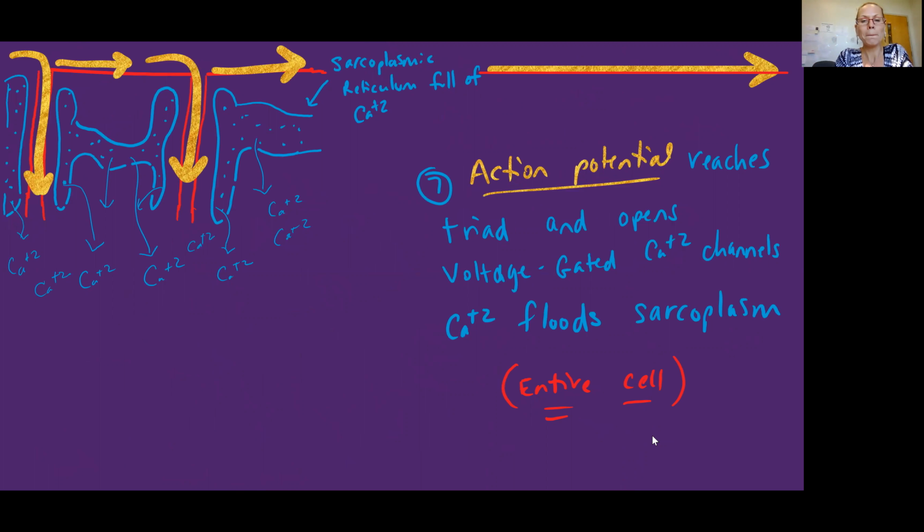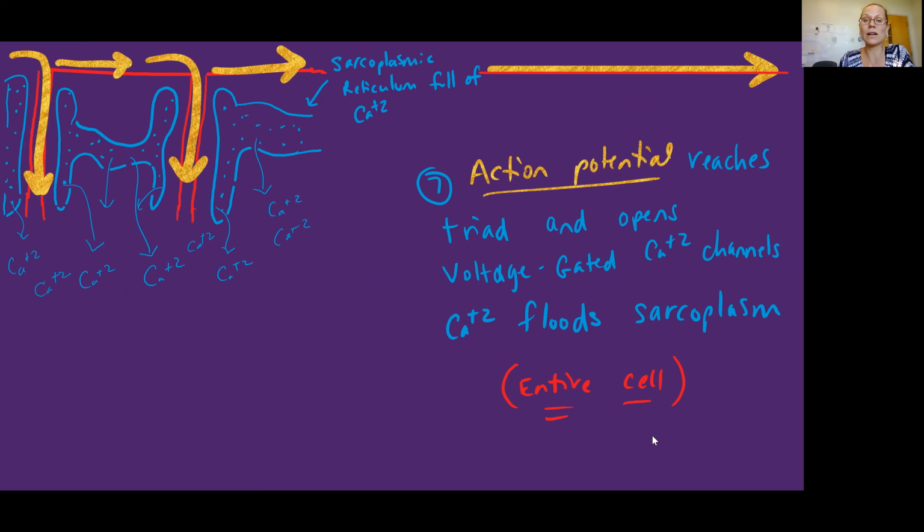When our action potential reaches the triad, it's going to open up voltage-gated calcium channels in the SR. So now calcium, which has been pumped into the SR, is going to rush out into the sarcoplasm. And this is happening throughout the entire cell. If calcium is released at one terminal cisterna, then it's released at every single terminal cisterna. So it's happening across the board.